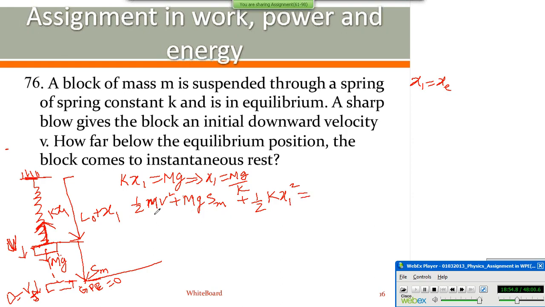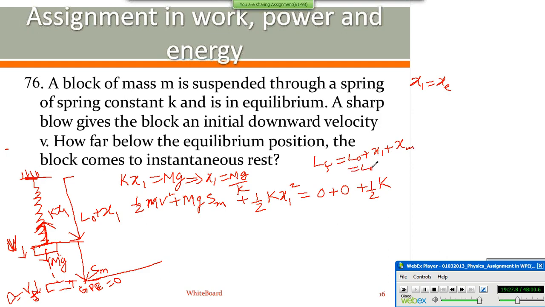This is the total mechanical energy at the initial position. That can be equated to the total mechanical energy in the final position. At the lowest position, the final position, the kinetic energy of the block is 0 and the gravitational potential of the block is also 0. The elastic potential energy stored in the spring is half k into the elongation from natural length squared. The final length of the spring is L0 plus x1 plus Sm.